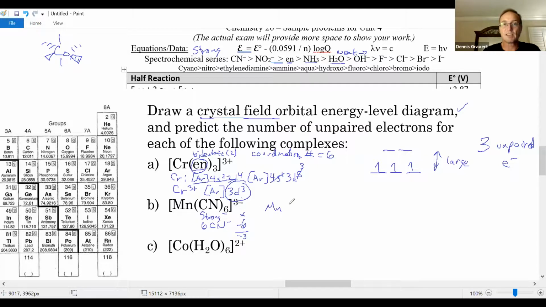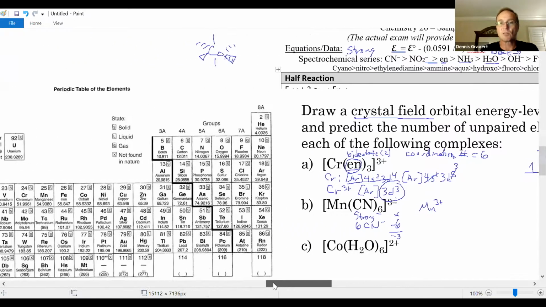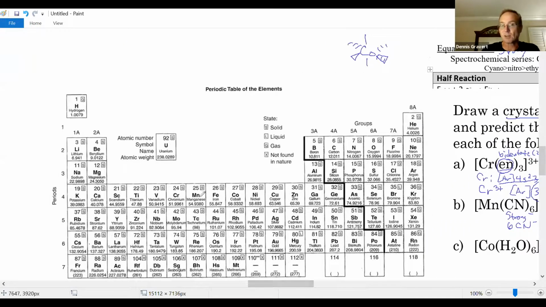So what's the electron configuration of manganese when it's a +3? Well, let's do the ordinary manganese 0, the neutral atom with 25 electrons. It's going to be 4s2, 1, 2, 3, 4, 5, 5 d electrons.